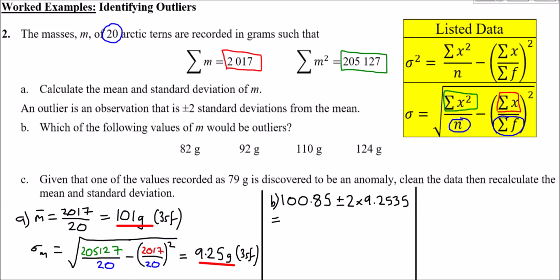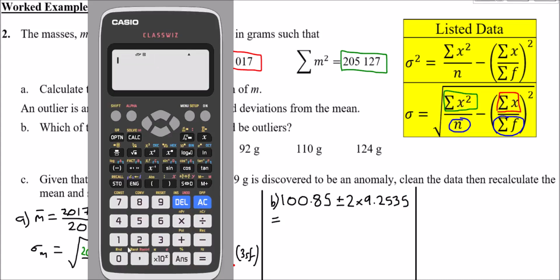And so we can now calculate this. 100.85 at the lower end, minus 2 lots of 9.2535. That comes out at about 82.3 grams.